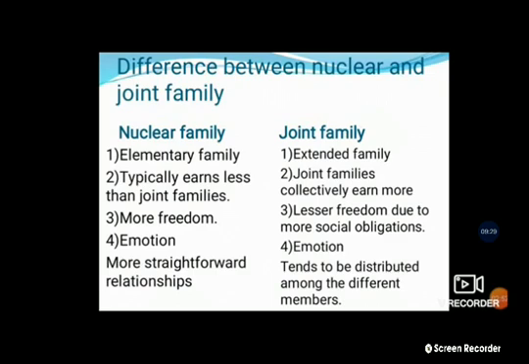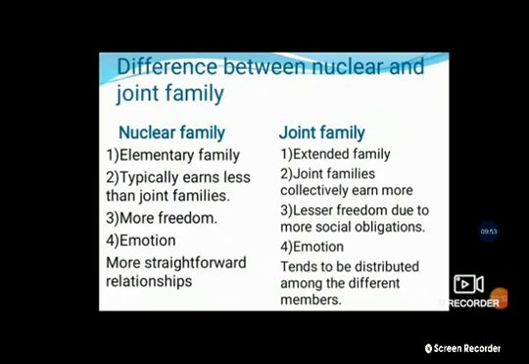In a nuclear family, there is more freedom, though lesser freedom due to more social obligation. In a joint family, we do not have freedom because so many people are living in the same house.